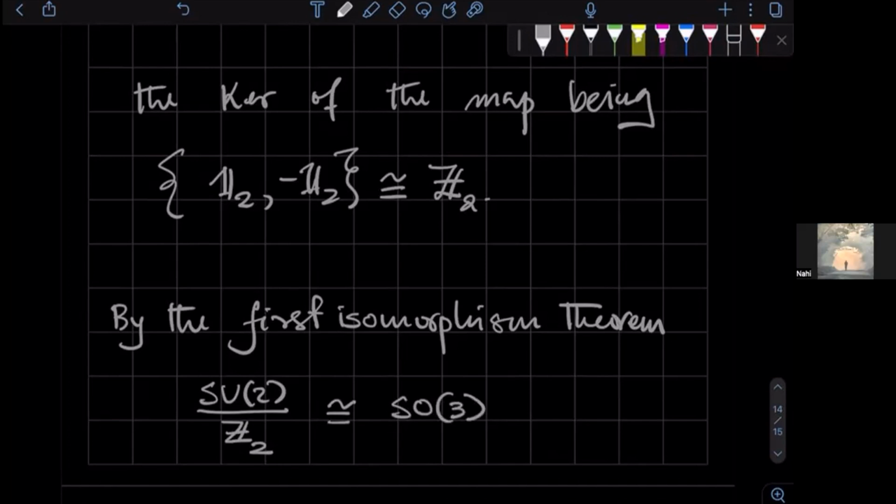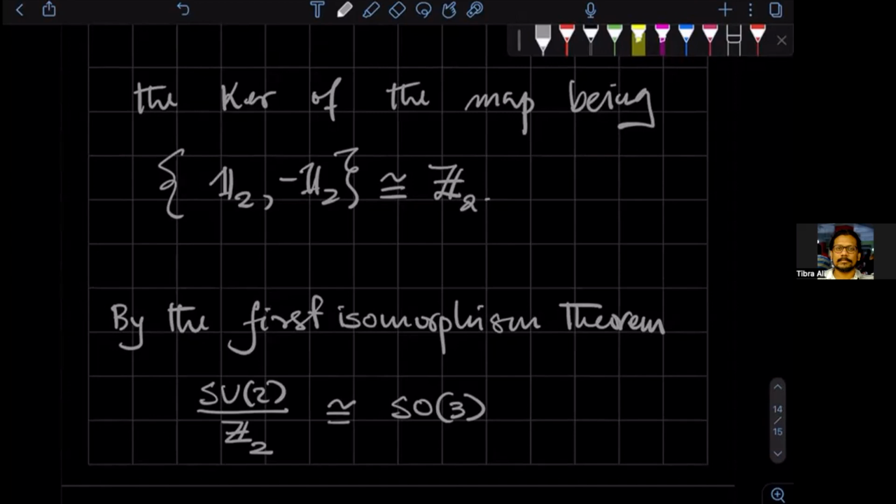Sir, should we not comment about the surjectivity of this homomorphism before concluding it's isomorphic to SO3? You mean whether or not it's onto? Yes. I think it is onto, but let me think how I can prove that.